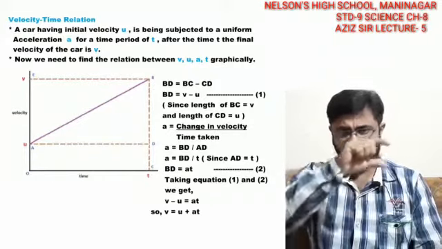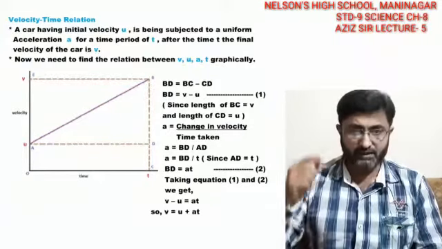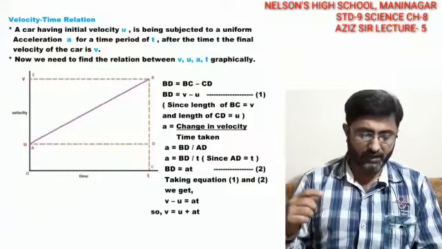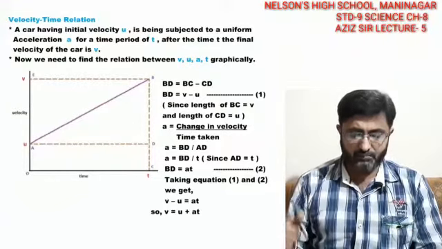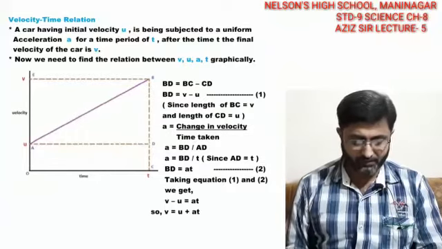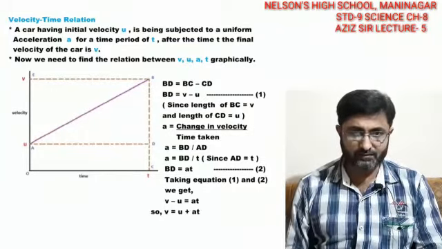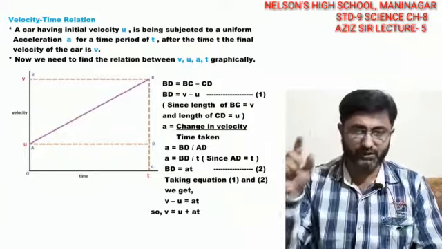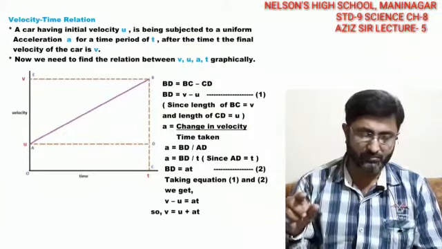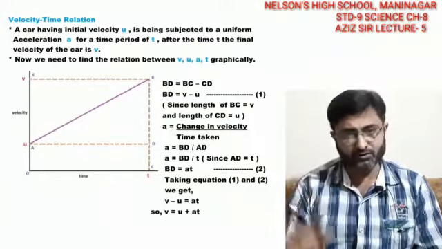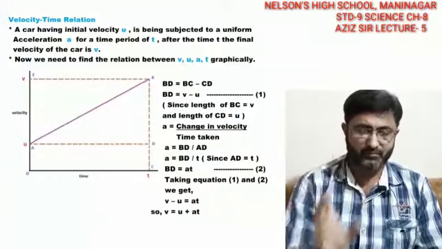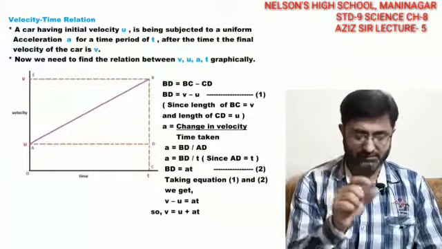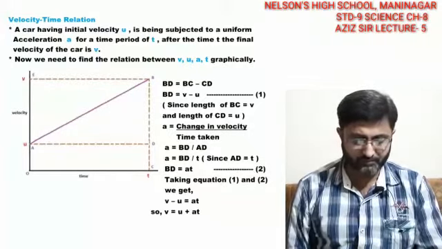In the straight line also, OA is equal to DC is equal to u, and OE and BC are both v. In the same way OC is equal to t, from 0 to t, that is t minus 0. AD is also t because it is the same section on the x axis.